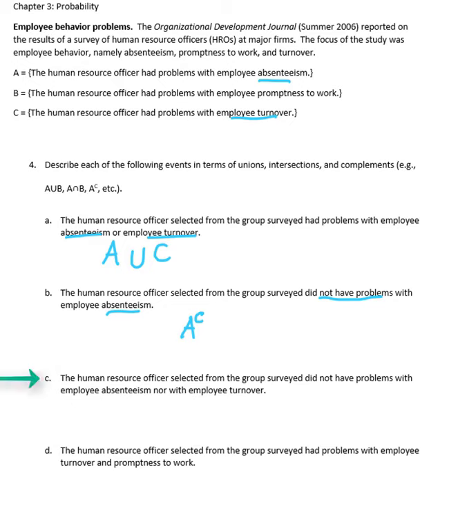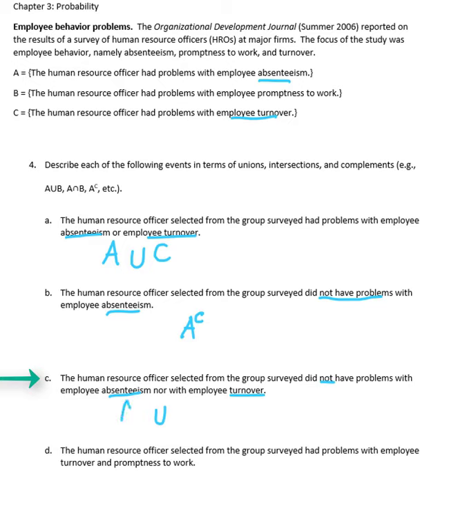Example C, the human resource officer selected from the group surveyed did not have problems with employee absenteeism nor with employee turnover. So nor is like or. That will be union. So the first event described was employee absenteeism.